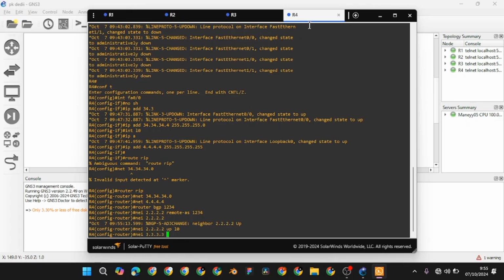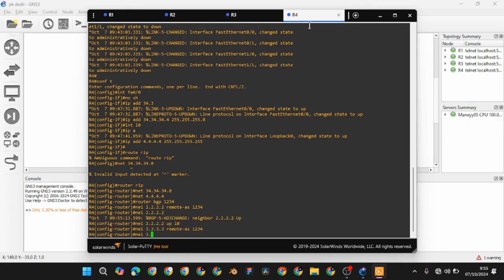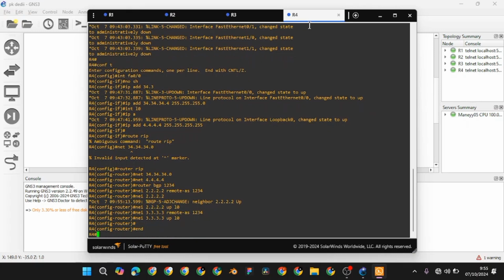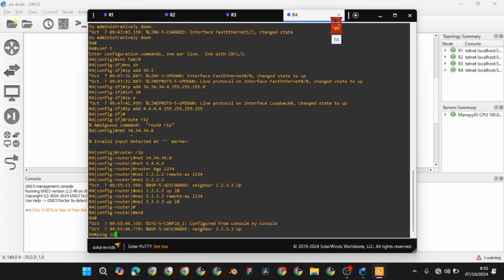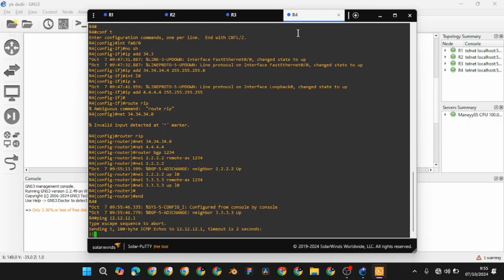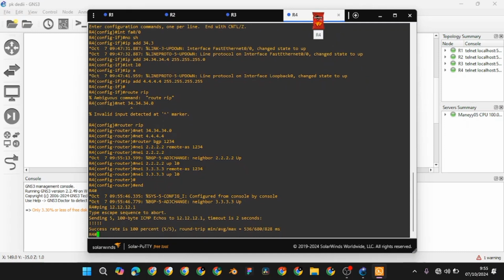Just configure neighbor 2.2.2.2 and 1.1.1.1. But in the 2.2.2.2 I didn't add route reflector client.